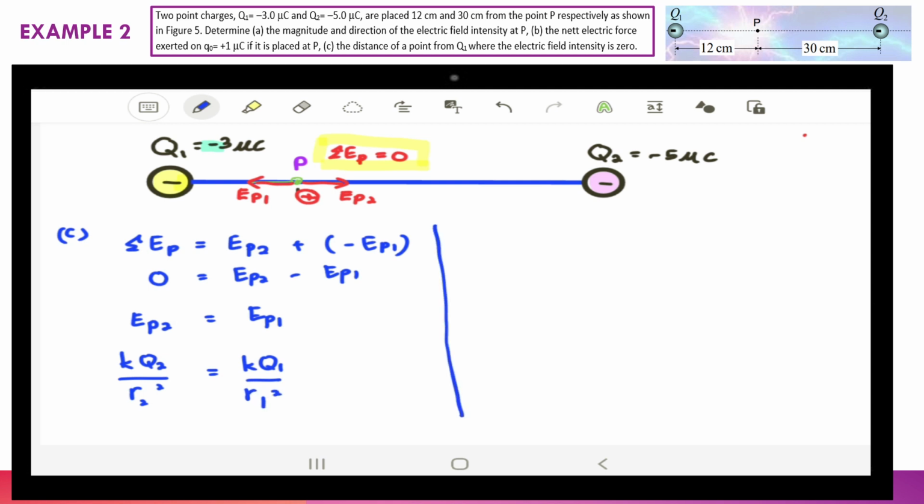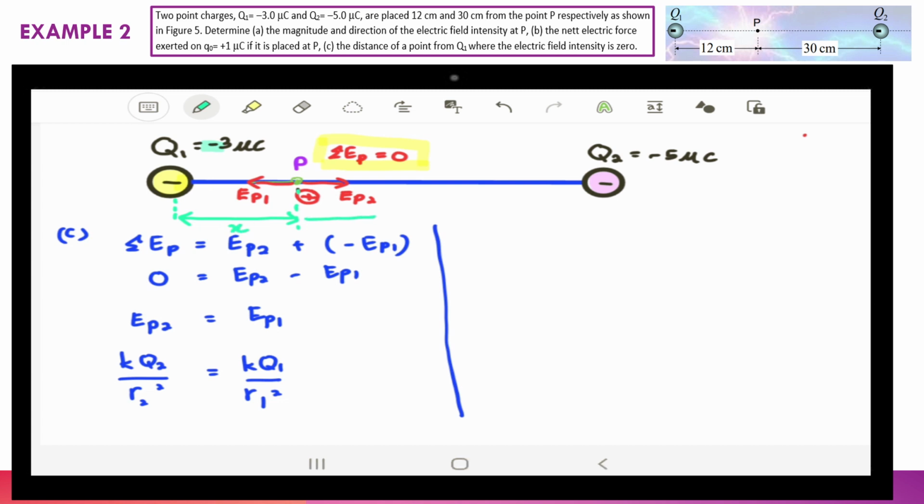Now this is the trick. The trick is we don't know the distance from point P to Q1. We want to find this distance, since the question states to determine the distance of a point from Q1. So from Q1, we put it as X here.